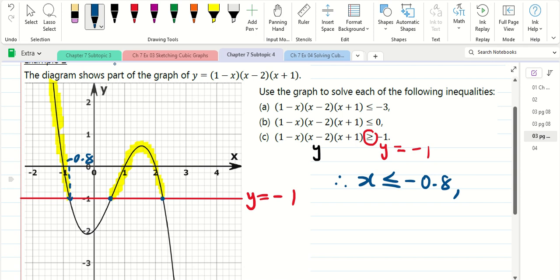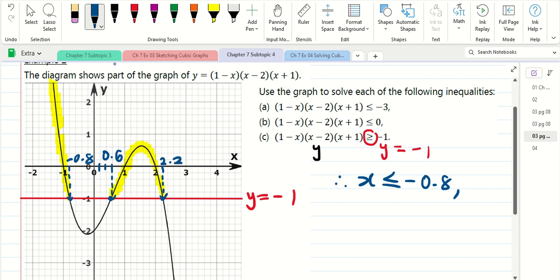And as for the second solution, the x is over here and here, the intersection points. This one estimated is going to be 0.2, 0.4, 0.6. So this is x is 0.6, and also this one. If we're using estimation over here, this is about 2.2.